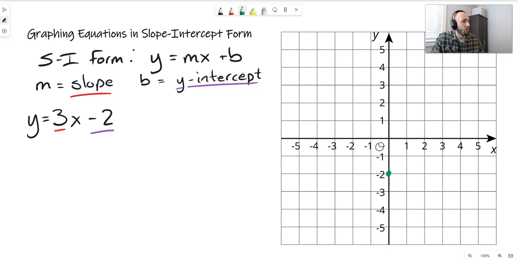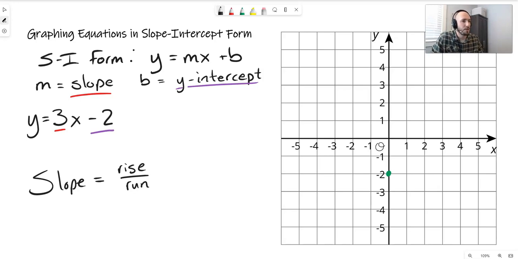Okay, so we need at least 2 points to graph a line. So how can we find that second point? Well, we can use the slope to do that. So we remember that slope equals rise over run, our change in our y-coordinates over our change in our x-coordinates.